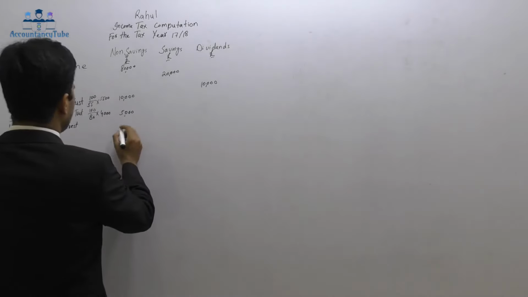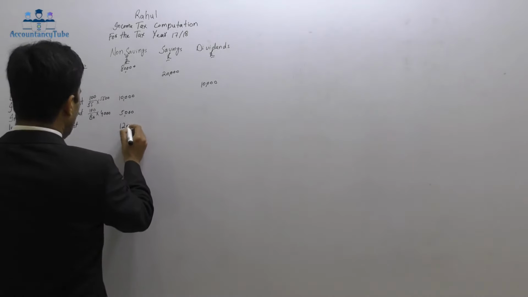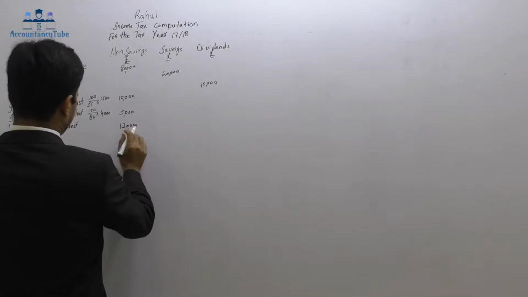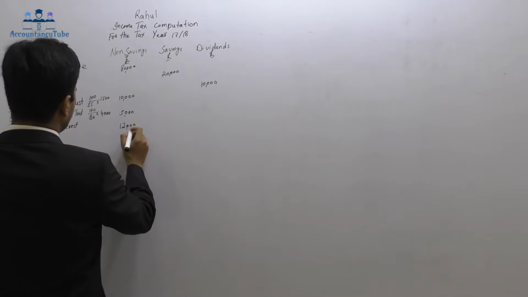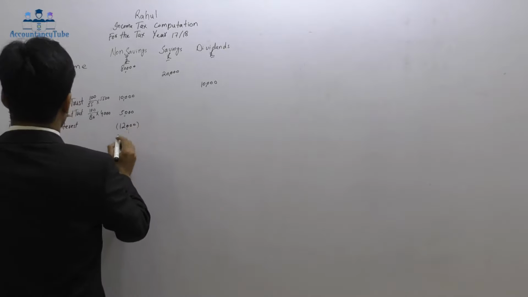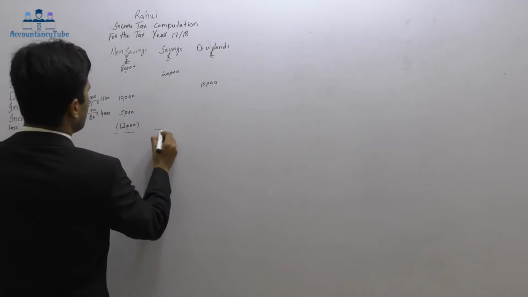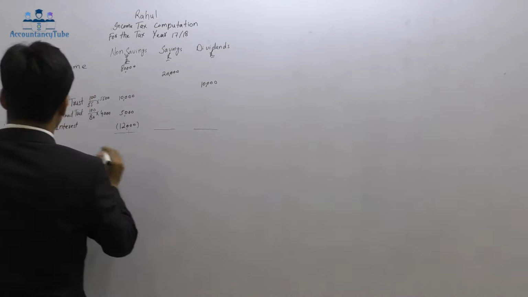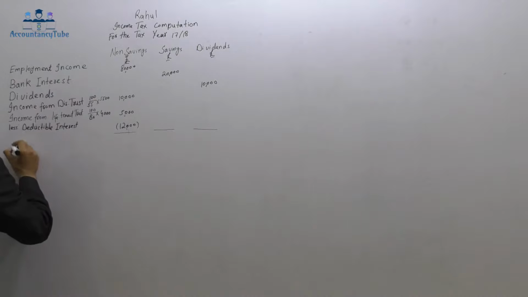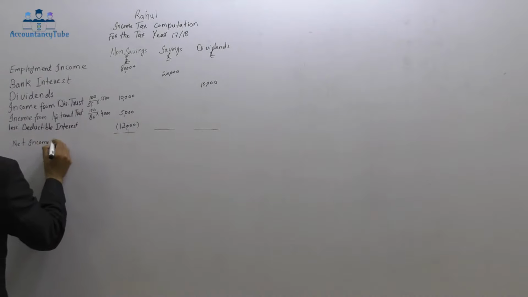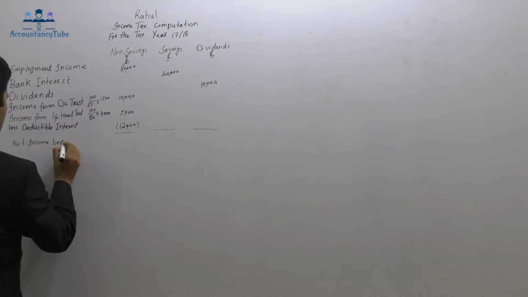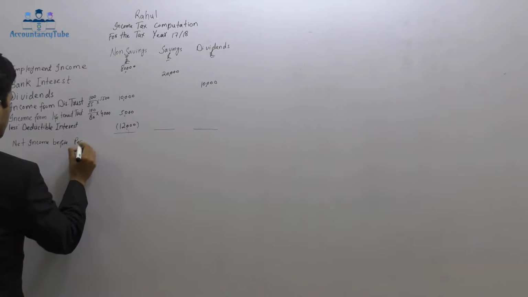So £12,000 will be deducted out of the non-savings income, because we can deduct all of it out of the non-savings income. So that's it. And after that, if we total it, it will be net income before personal allowance.